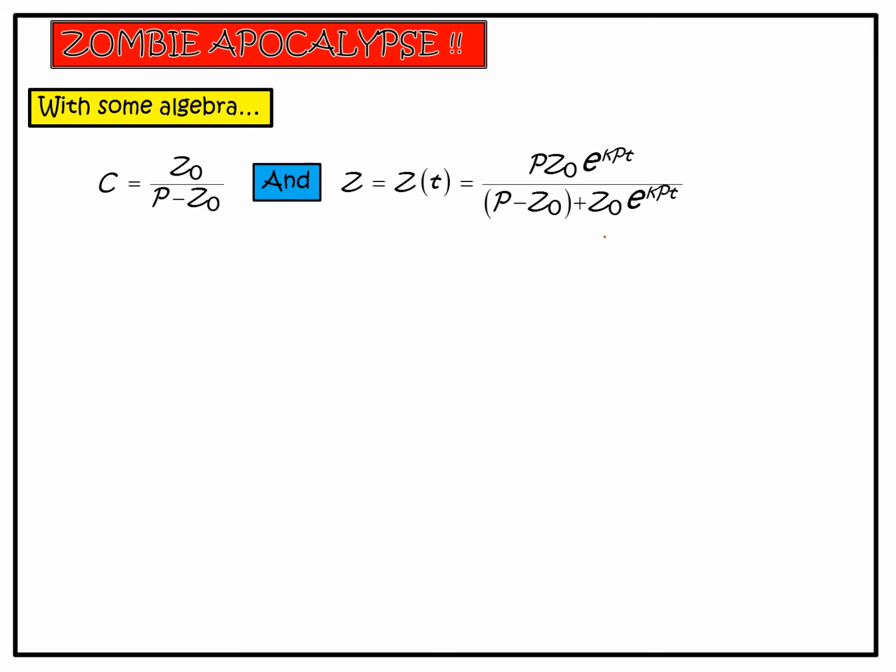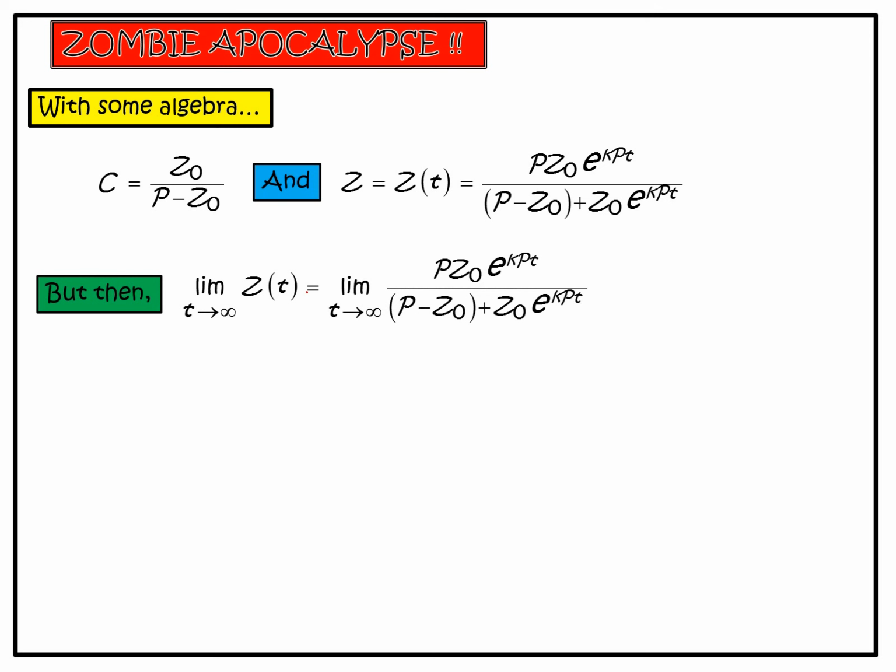So notice here, if you look at this proportion of the population that is infected and you take a limit of it, so if you take the limit of z of t as t goes to infinity, so what happens in the long term? Then we're taking the limit of p z0 e to the kpt over p minus z0 plus z0 e to the kpt. So t's going to infinity here. So we've got a number in the denominator here, and then plus an exponential term, and then another exponential term on the top.